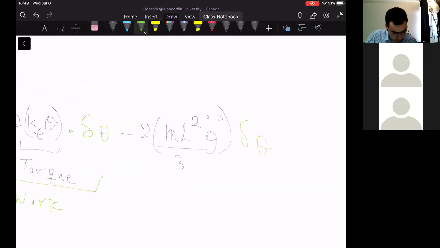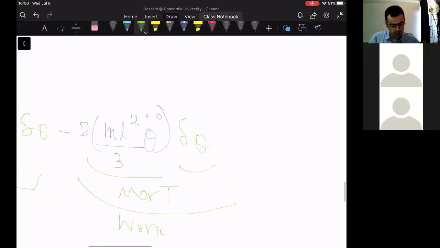So this is the moment or torque, this is the virtual rotation, and this is work. The principle of virtual work says that if you apply a very, very small virtual displacement, the total work should be 0. So you make it equal to 0.